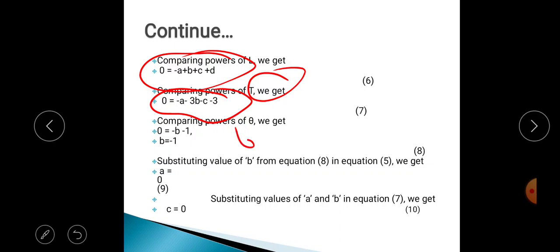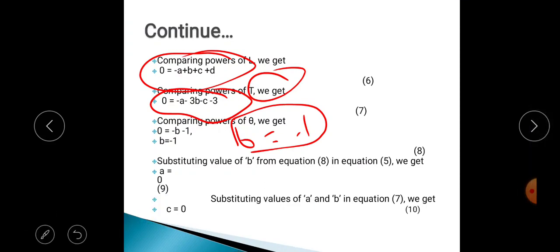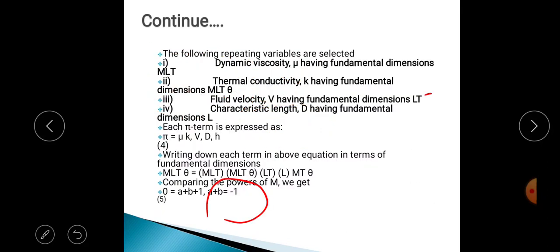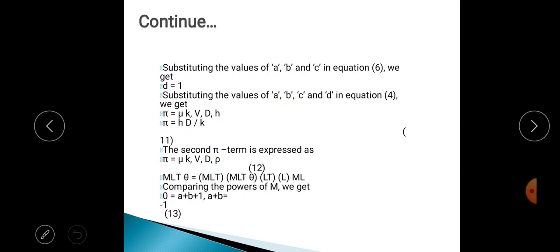B is equal to minus 1. Now when we substitute this value of b from equation 8 in equation 5, we get a is equal to 0. When we substitute the values of a and b in equation 7, we get c is equal to 0.